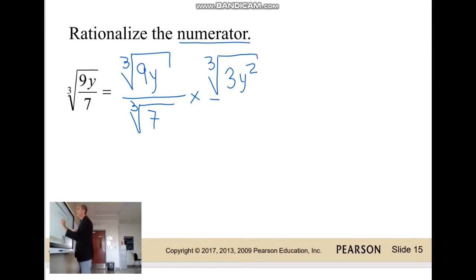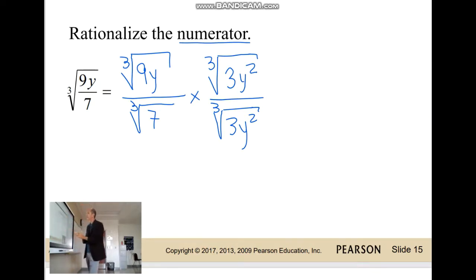So let's multiply the whole fraction by this fraction equivalent to 1: 3y squared. So cube root of 3y squared over cube root of 3y squared. This is a fraction that's equivalent to 1.